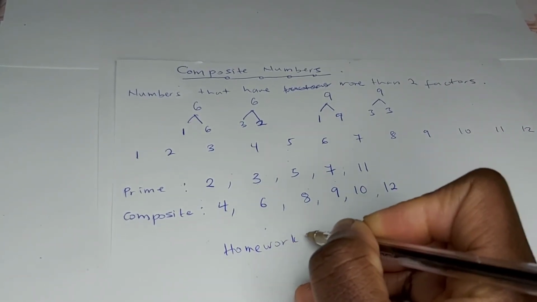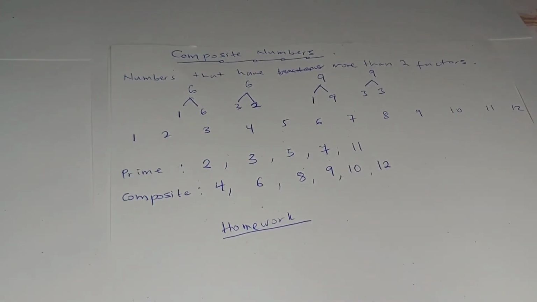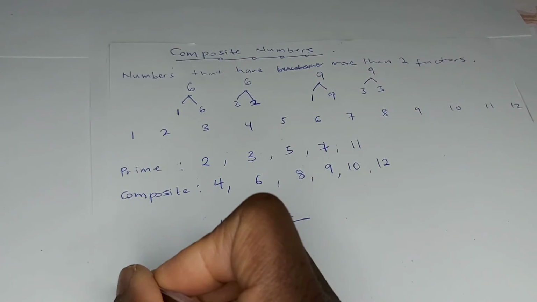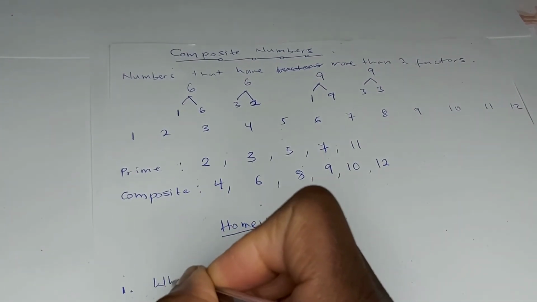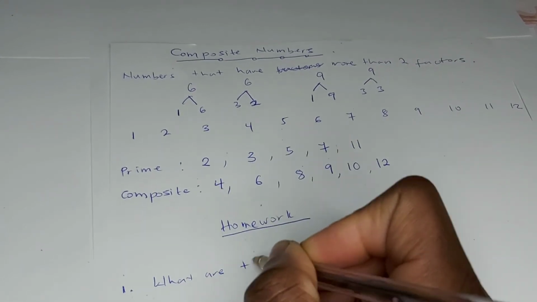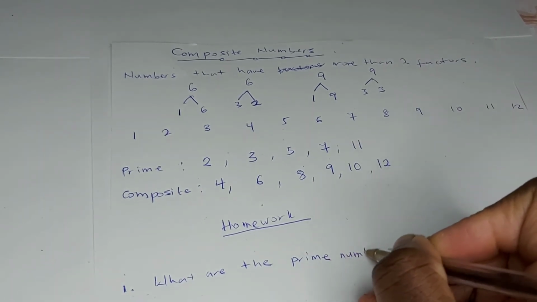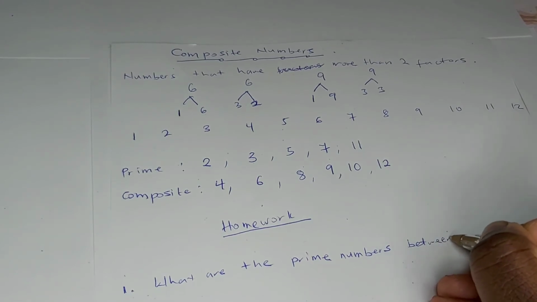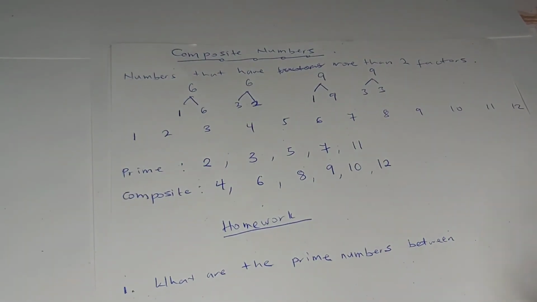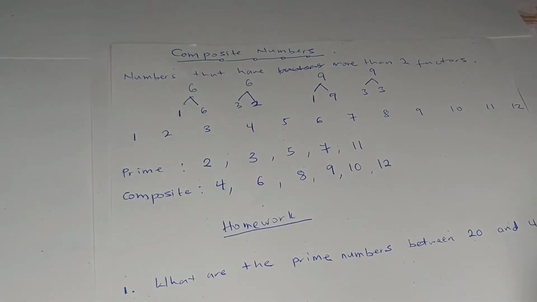So let's try our hands on these few, just 2 questions. Number 1: What are the prime numbers between, let's say, 20 and 40?